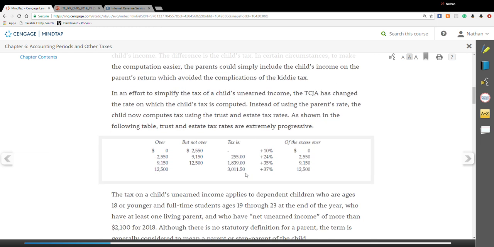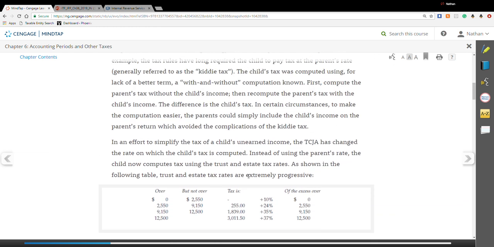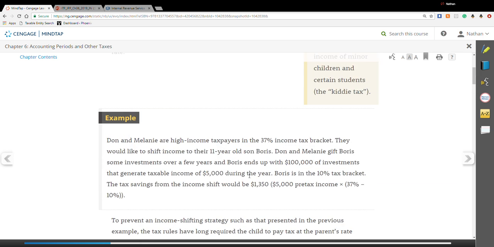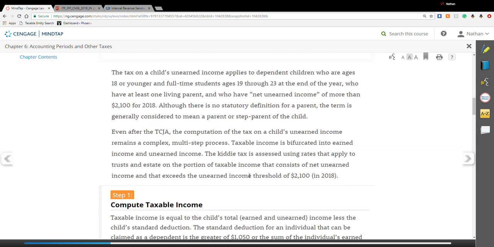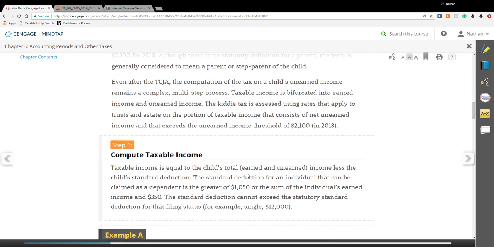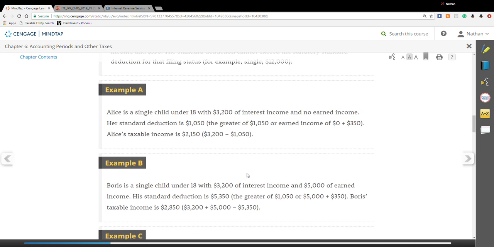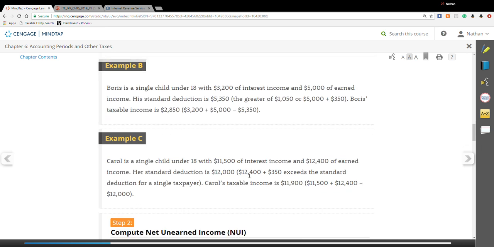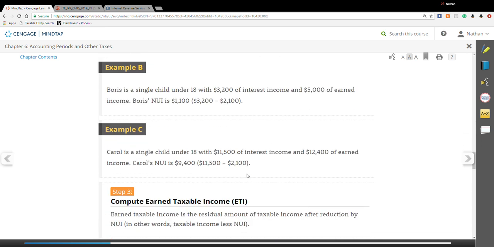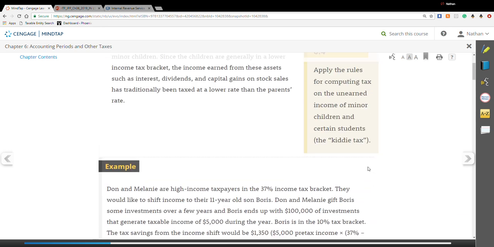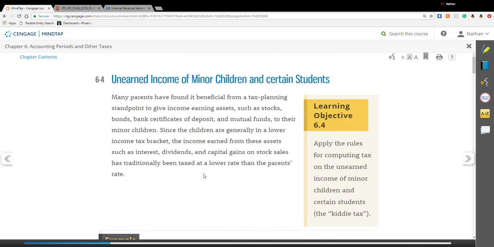So let's find this little number that has gone missing. It does not really give us what that missing number is anymore.